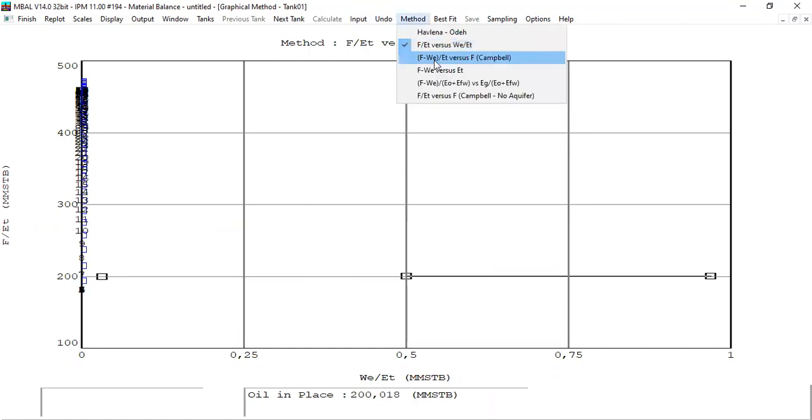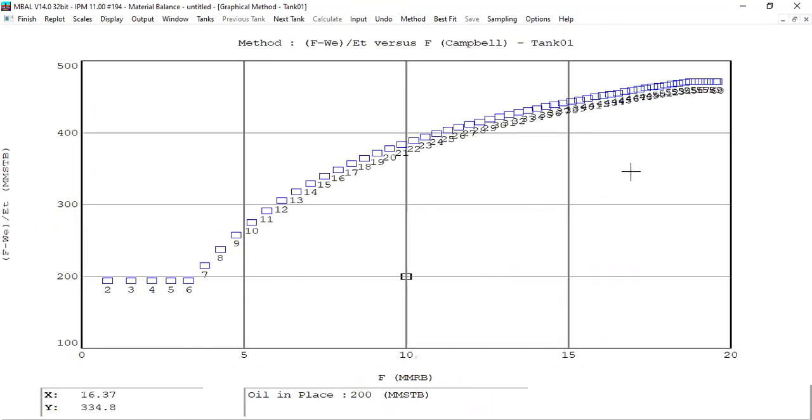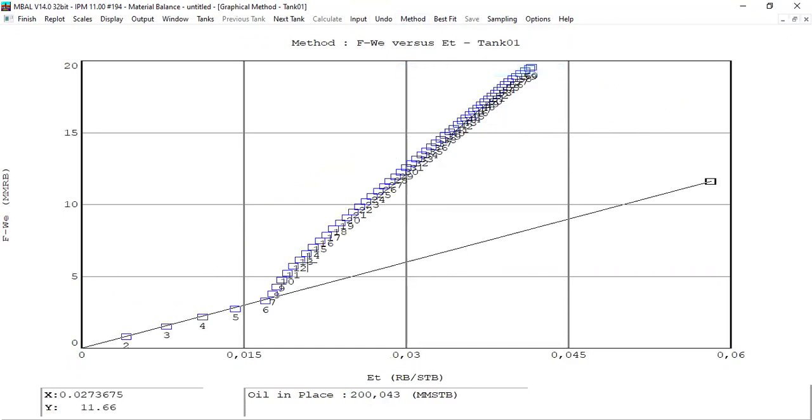The graphical method cannot express the transmissibility between two reservoirs. So the graphical method can capture only here. And you can see here is actually the period where the reservoir tank 1 produces alone without support from tank 2.